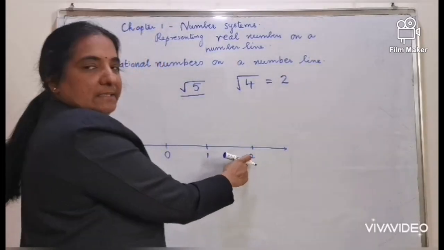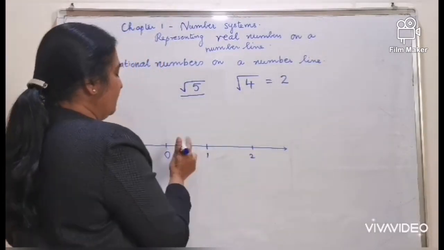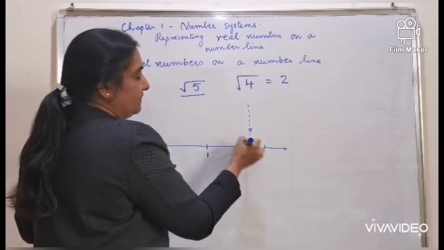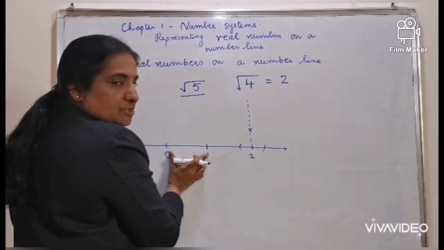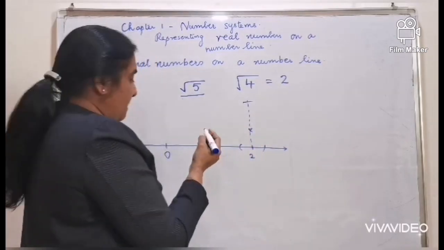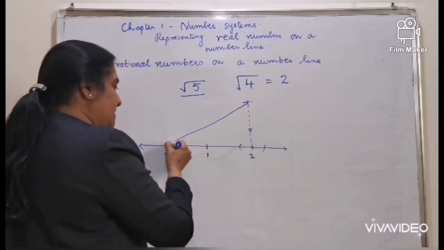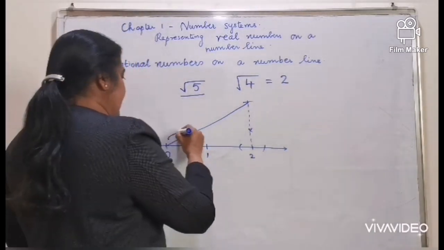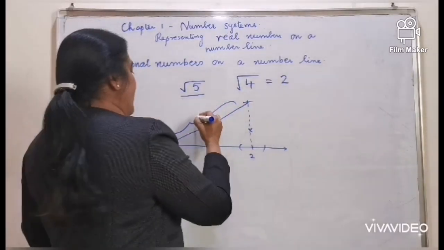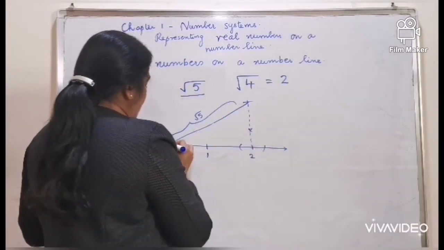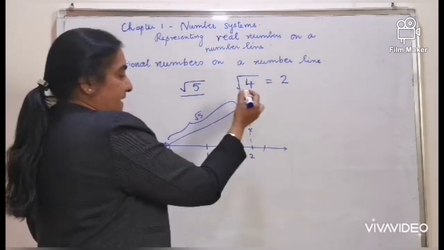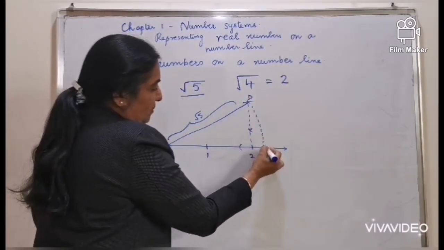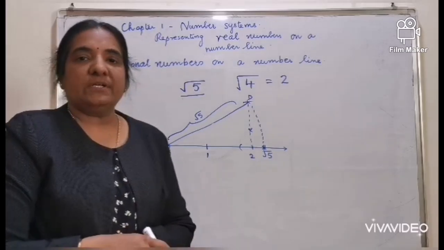This point represents the whole number 2. Whatever be the unit you are showing here, construct a perpendicular. On the perpendicular, take this unit. Always join to the beginning point O or 0. This length will give you the value of root 5. With O as center and radius OD, you can plot a point on the number line which represents root 5.